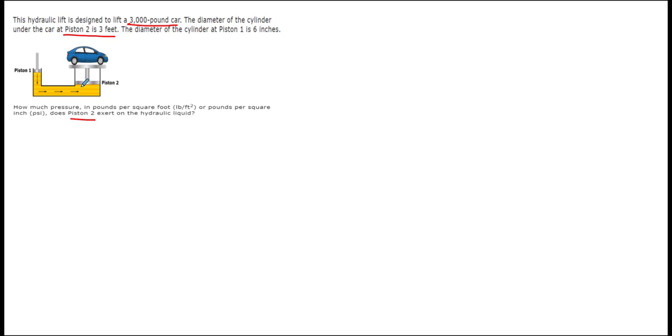And if the car is pushing down, the car is 3,000 pounds, and the piston is in diameter, then we can also figure out that the area of that piston is 7 feet squared. And if we know that, then we can do 3,000 divided by 7.